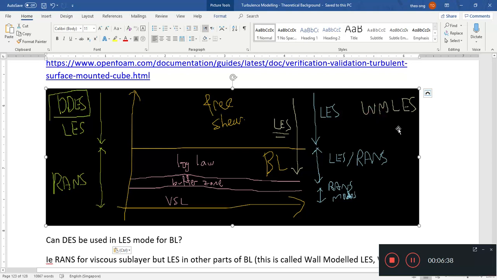Just like you can take the Spalart-Allmaras model, give it a little tweak, and then it becomes the DES model. Likewise, you can take the DDES equation, tweak it a little bit, and most of the equation is constant, and then you get the wall-modeled LES equation.